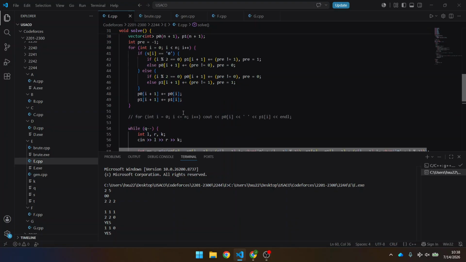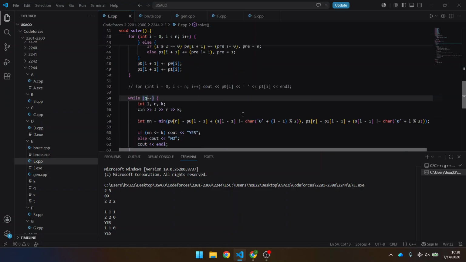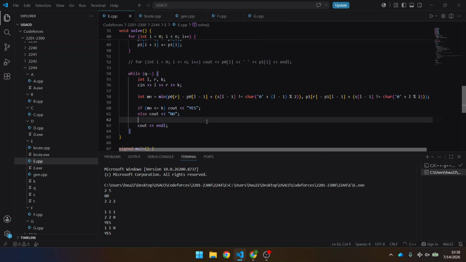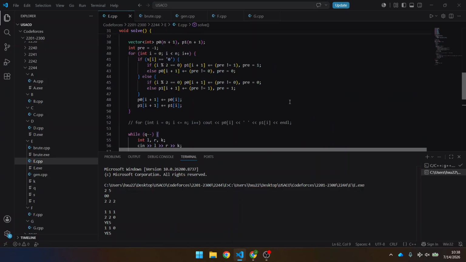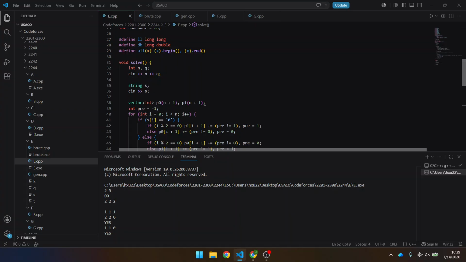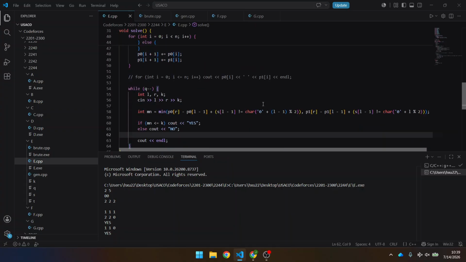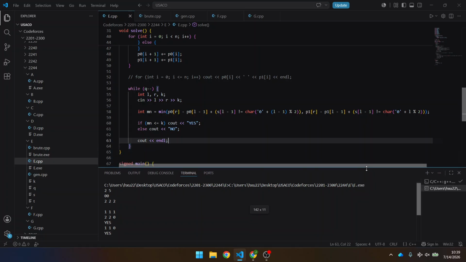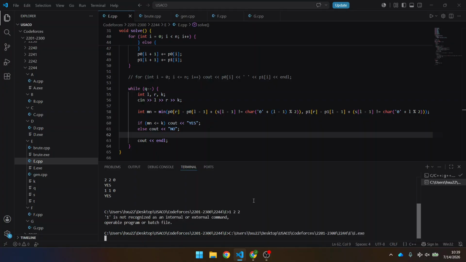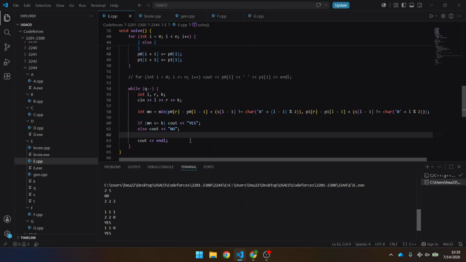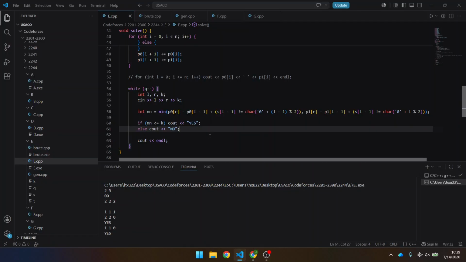Q. While Q minus minus, LRK. What? Do we not output anything or what?